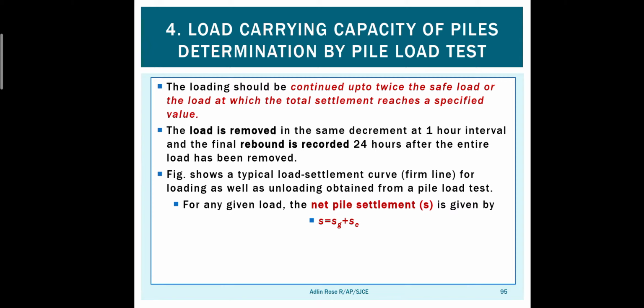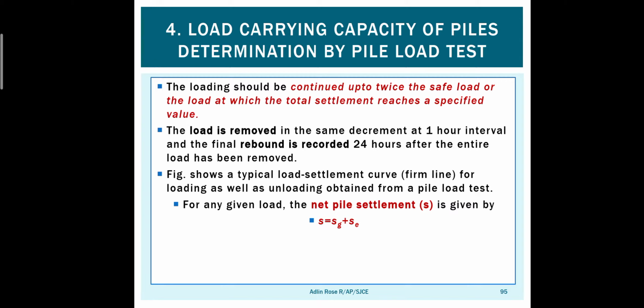After the gross settlement, we will unload the loads given. Unload it. When you unload it, the settlement will get reduced. After you unload it, the soil will expand and there will be a reduction in the settlement.